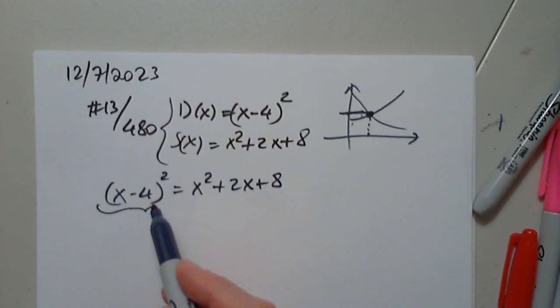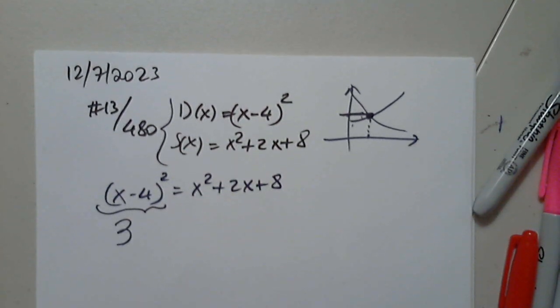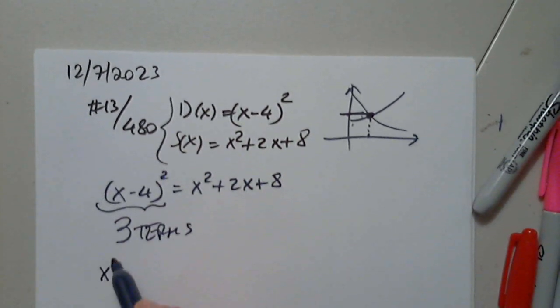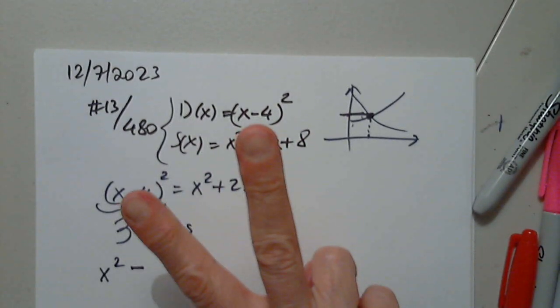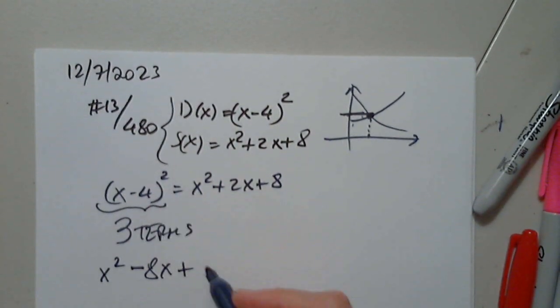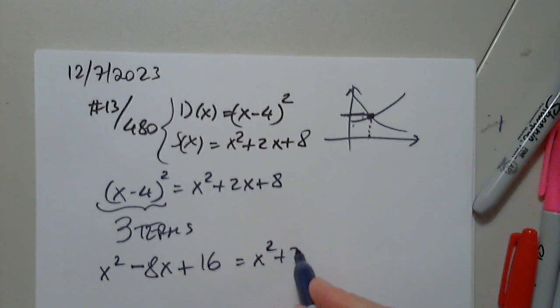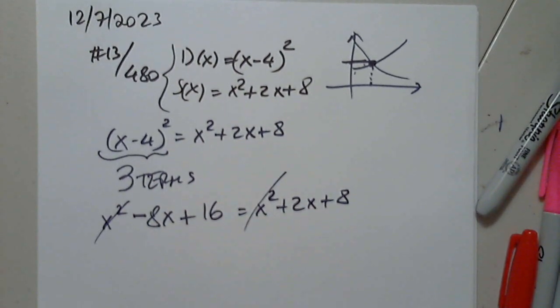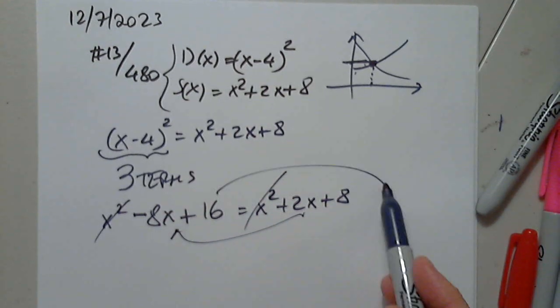Please remember a binomial squared has 3 terms. So 3 terms, which means x squared minus 2 times the first times the second, plus the second term squared. And of course, I will simplify. I will move 2x and I will move 16.